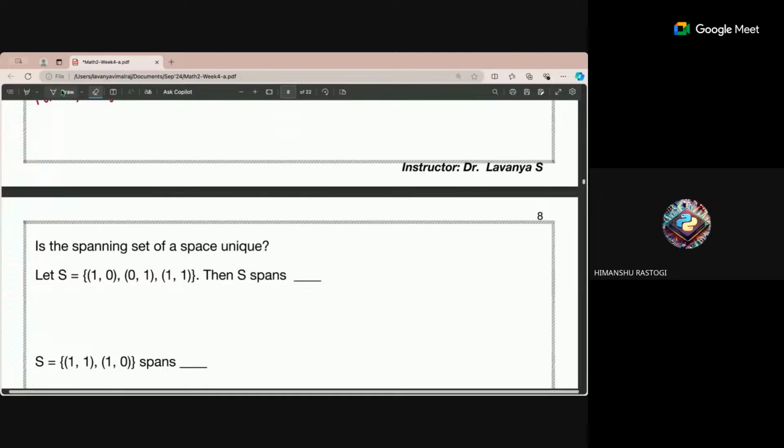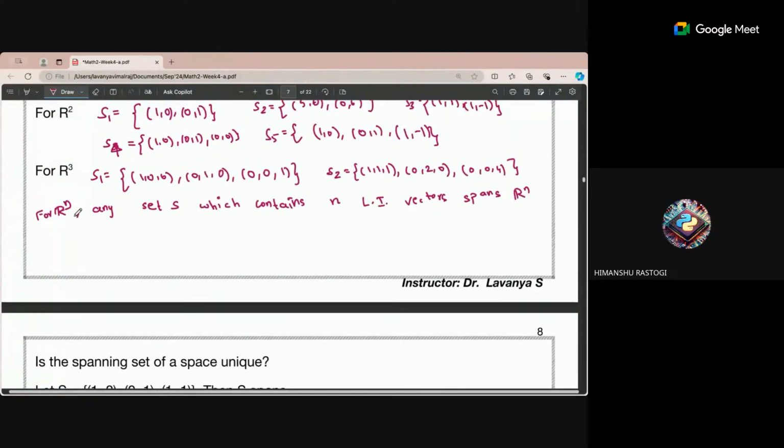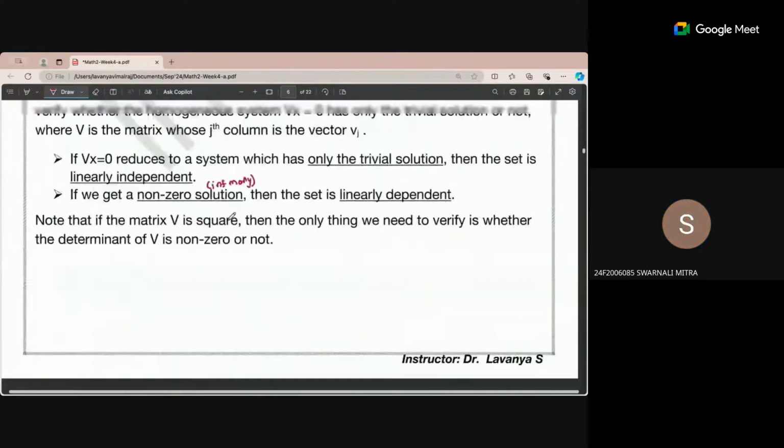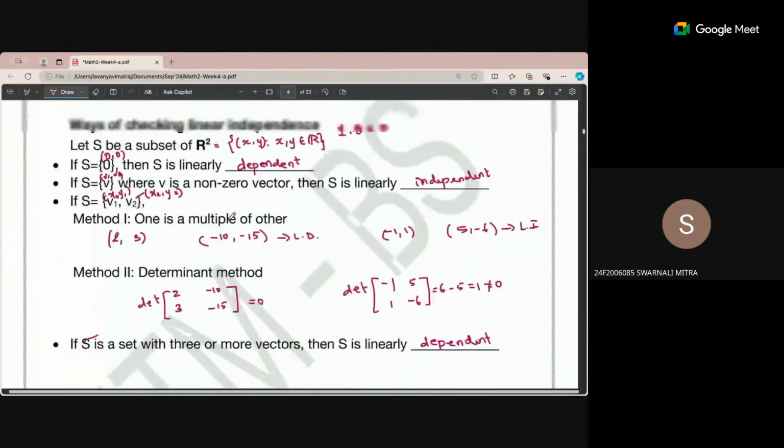Ma'am, I have a doubt in the last statement. For Rn, if suppose there are n plus one linearly independent vectors, then it will span R n plus one, not Rn. But in Rn, can there be n plus 1 linearly independent vectors? Then that will become linearly dependent, no?